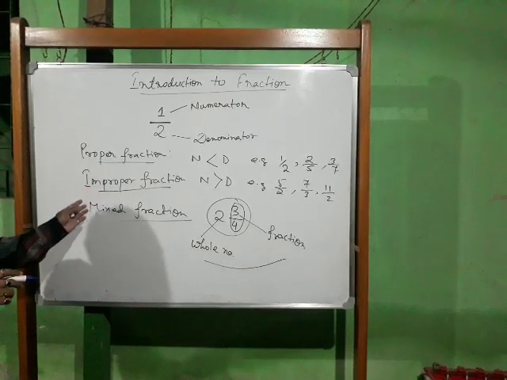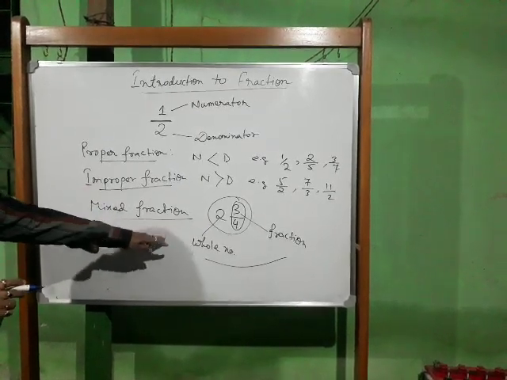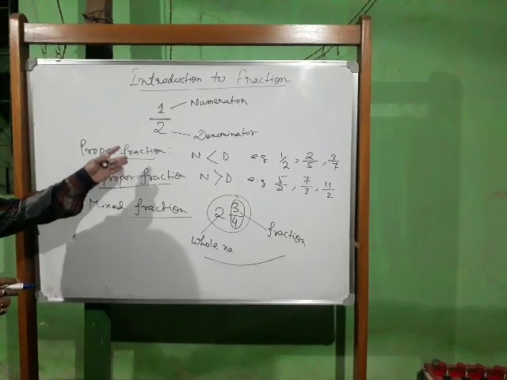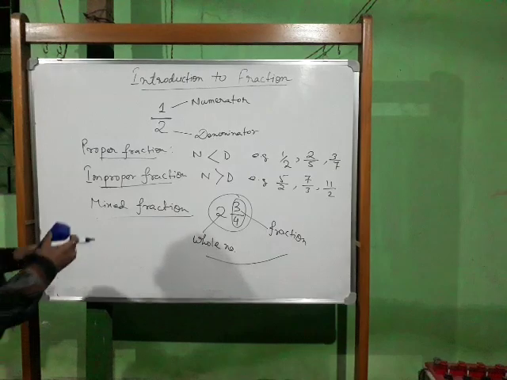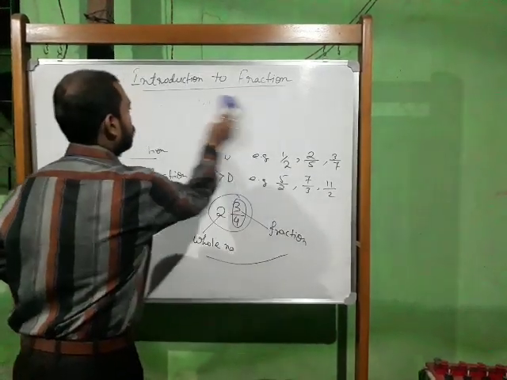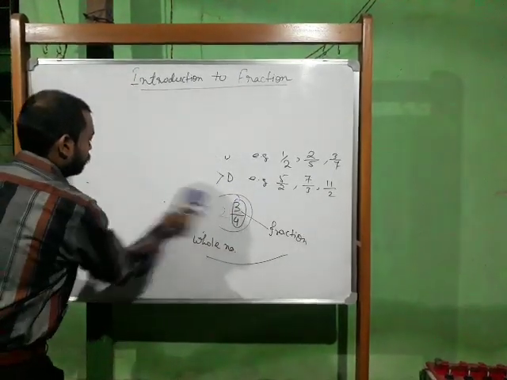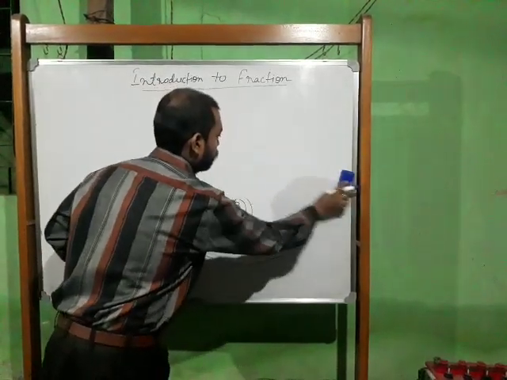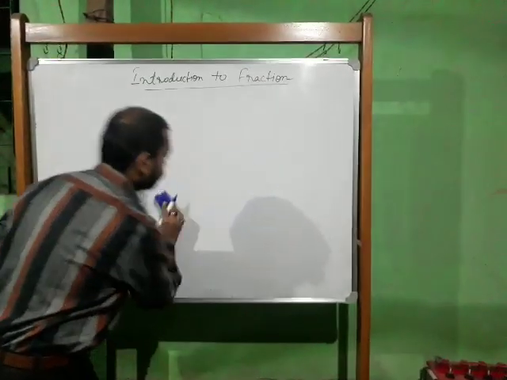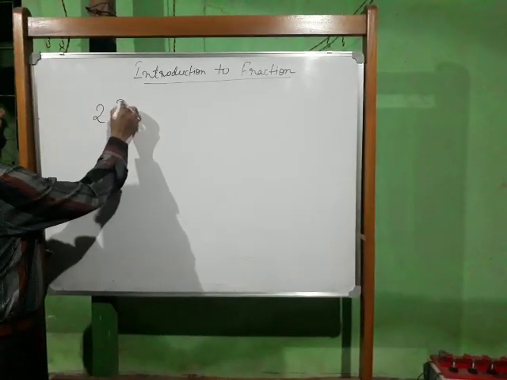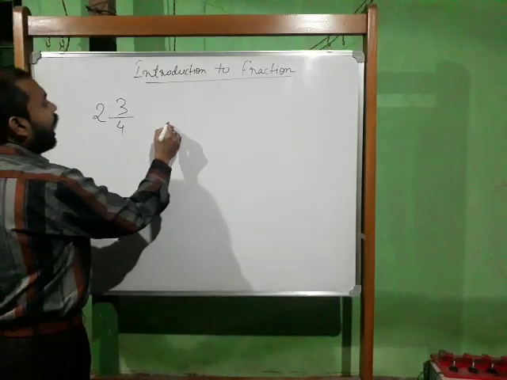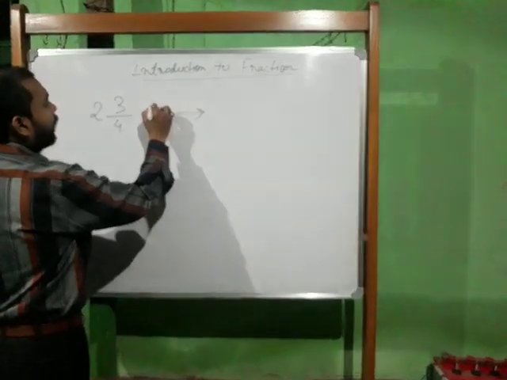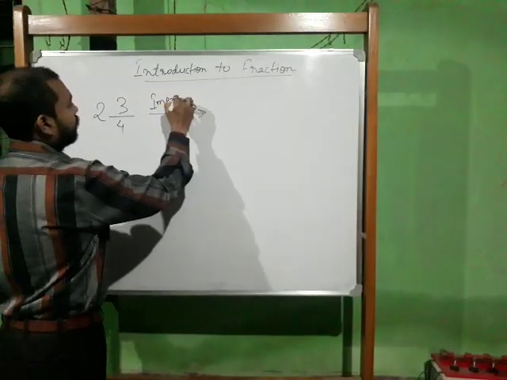Now how can we convert mixed fraction to improper fraction, and again from improper to mixed? Let us see some examples. Suppose I take 2, 3 by 4, this is a mixed fraction. So how can we convert it to improper fraction?